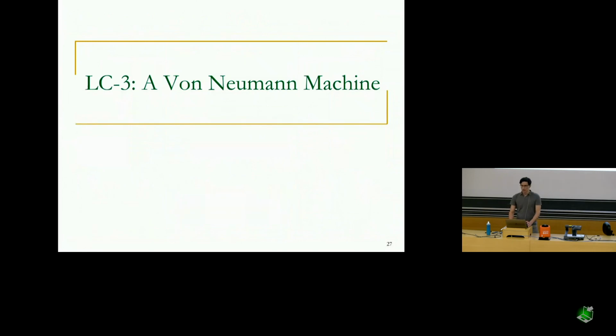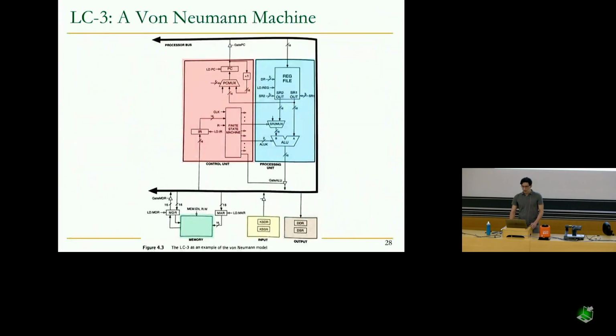And now we're going to start talking about a particular architecture that follows the von Neumann model. This is the LC3 computer, or the LC3 machine. This is what is called the data path of the LC3 machine, which essentially is the microarchitecture.